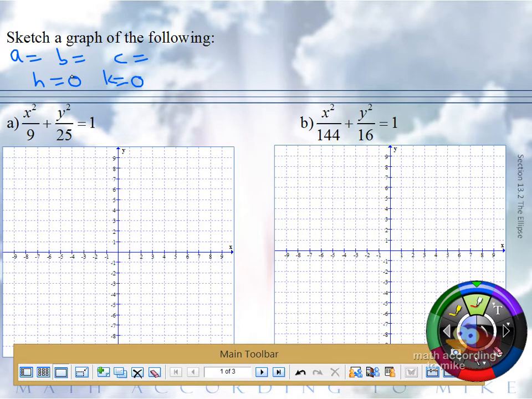Okay. A squared is the larger number, so if A squared equals 25, what does A equal? 5. B squared is the smaller denominator. When it's written like this, B squared equals 9. What does B equal? 3. To find C, excuse me, C squared equals A squared minus B squared.